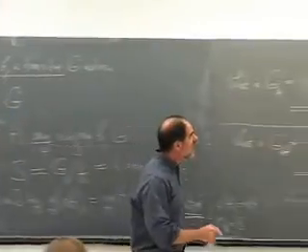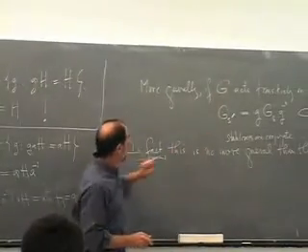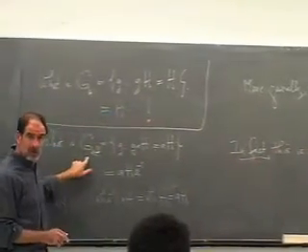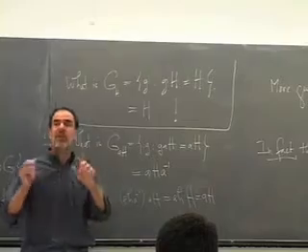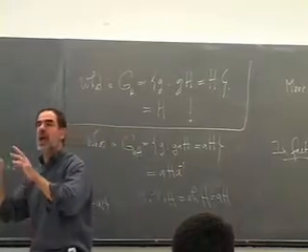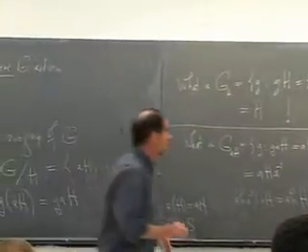And the reason that this result is no more general than this result is that any transitive action is isomorphic to the action on the cosets of the subgroup.